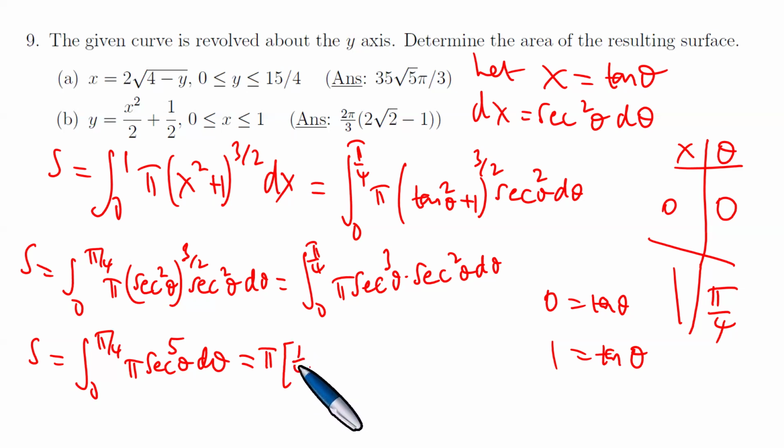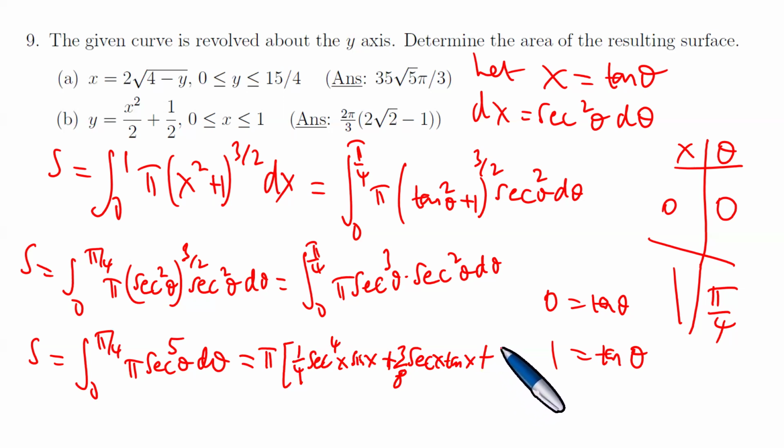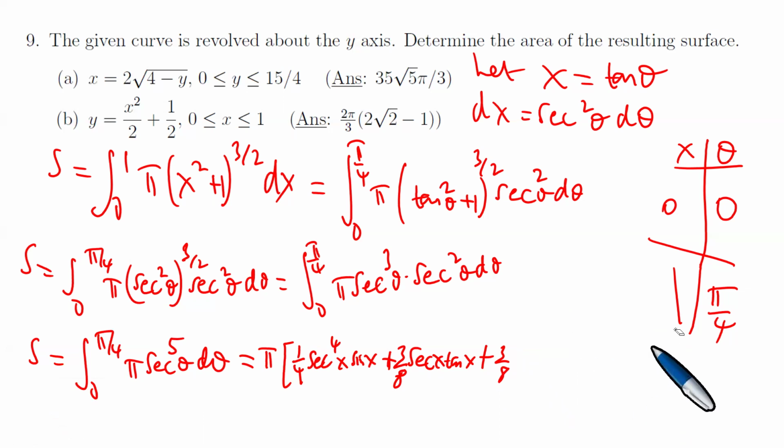Then you're going to have 1/4 sec to the 4th power x times sine of x, plus 3/8 sec x tan x, plus 3/8.